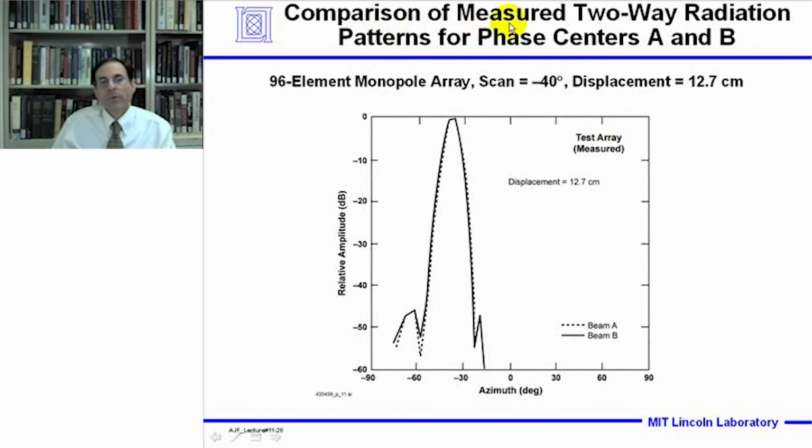Next we show a comparison of the measured two-way radiation pattern for phase centers A and B. So the pattern shown here is essentially the product of the transmit antenna pattern and phase center A and B receive patterns. And so what we see is very good agreement between the beams A and B for the phase center displacement of 12.7 centimeters.